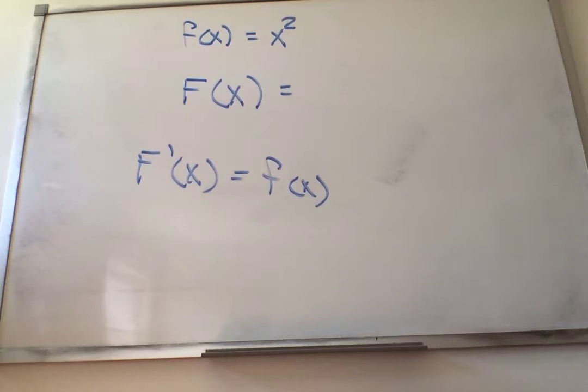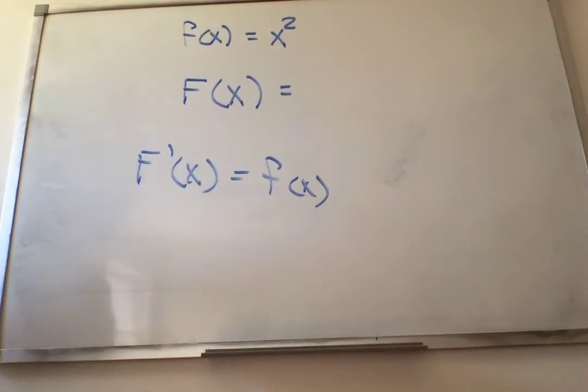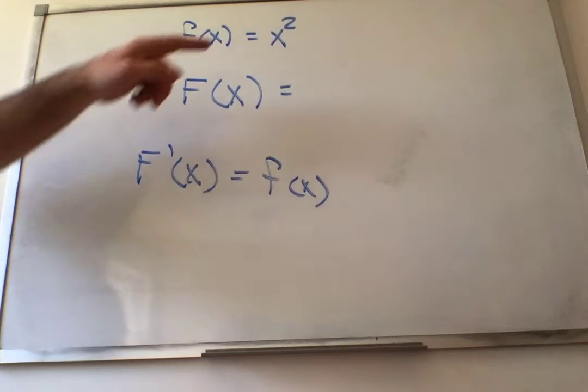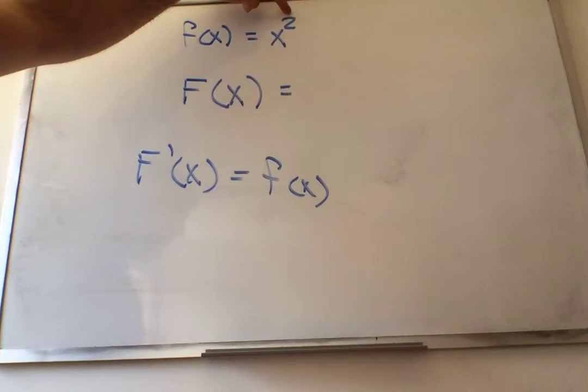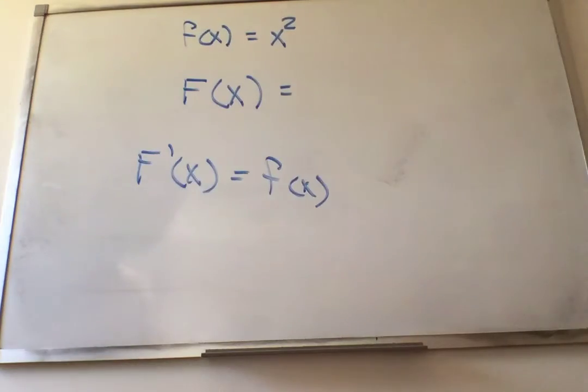Now, if you know your derivatives really well, these will come easy to you, okay? If you look at it, this is the power rule. Think about if you were to take a derivative, you take the number up top, the exponent, you multiply it by the number out in front, and then you drop one power, okay?